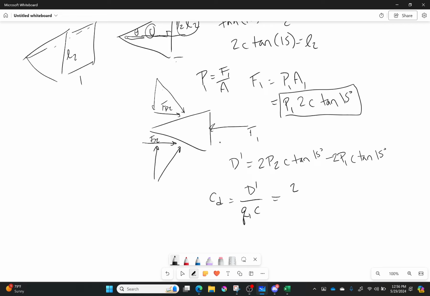So that'll be 2C tan of 15 degrees times P2 minus P1 all over Q1 and C. The C's cancel, so my chord doesn't matter. Who would have guessed? All that we care about is angles. Nice.